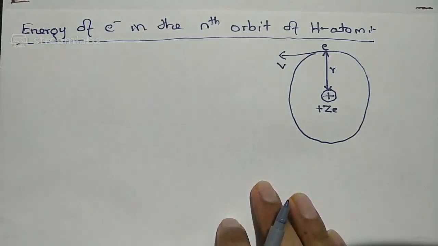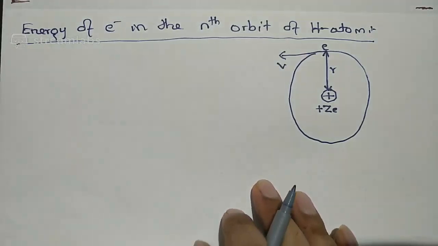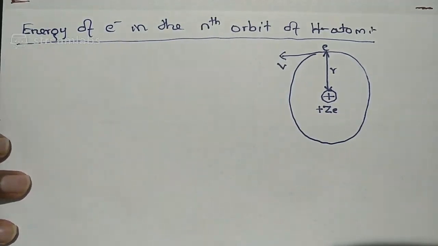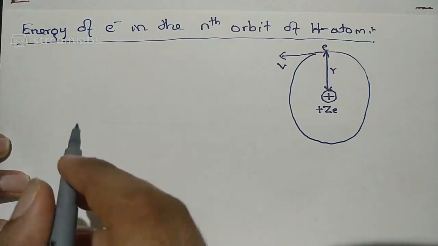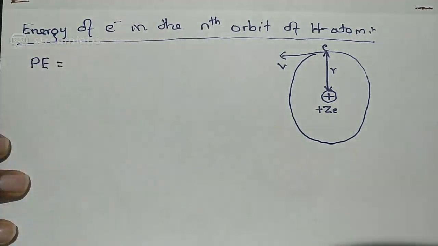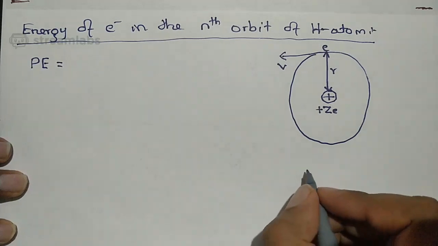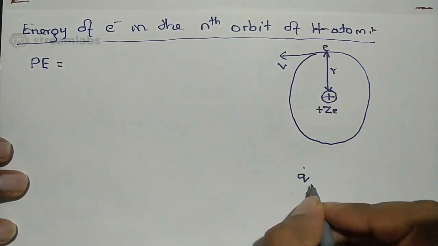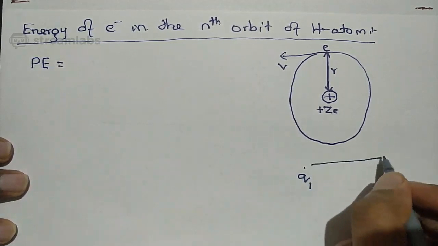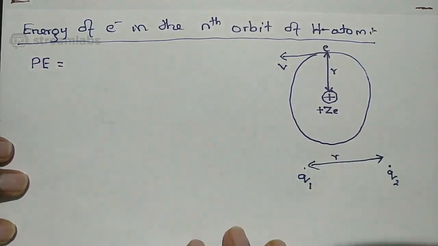So here we need to find the energy of the electron. Total energy is obviously the sum of kinetic energy and potential energy. First I will calculate the potential energy of the electron in the nth orbit. In the previous class we discussed a simple two particle system with a charge q1 and one more charge q2, separated by a distance r.